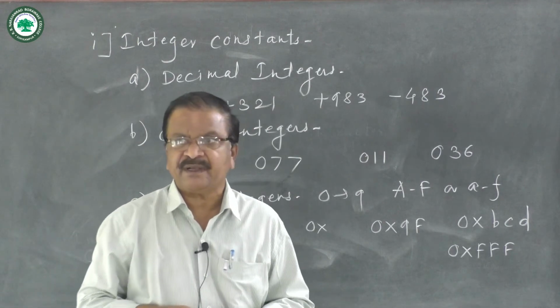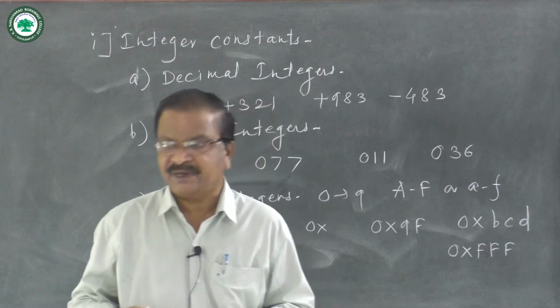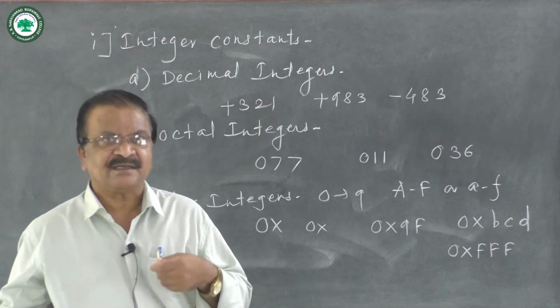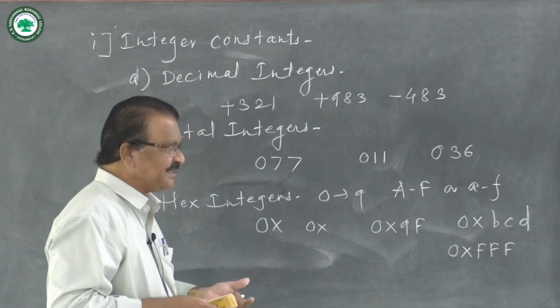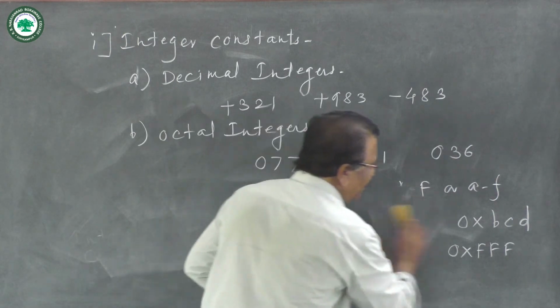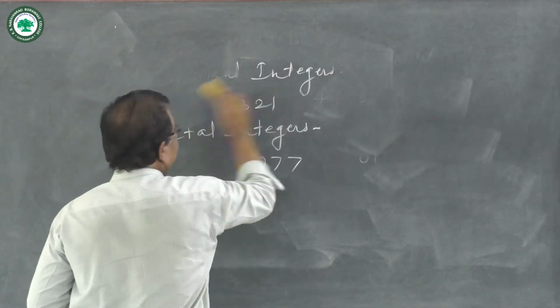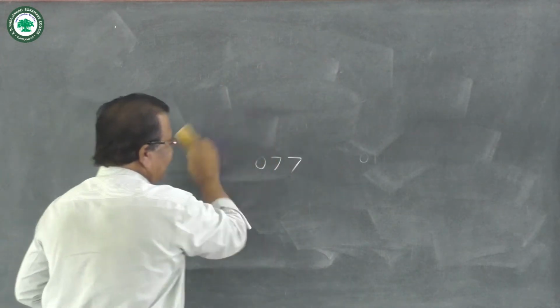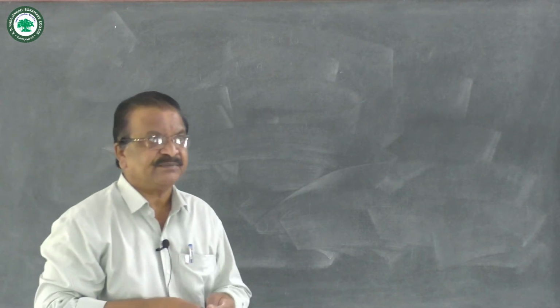In C programming, we rarely use octal and hexadecimal numbers. The numbers that are frequently or commonly used in programming are decimal integers. The number that can be stored on a machine is machine dependent. The largest number that you can store on a machine is machine dependent.